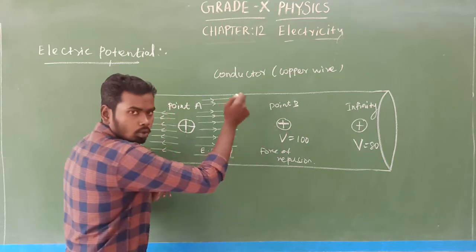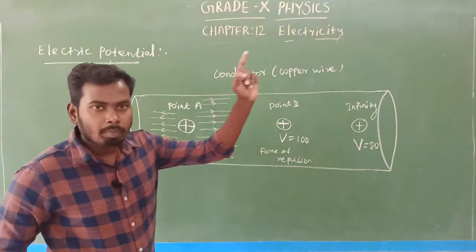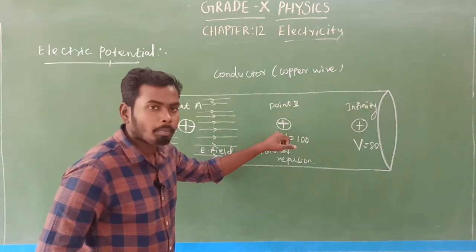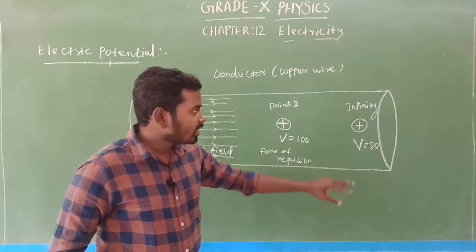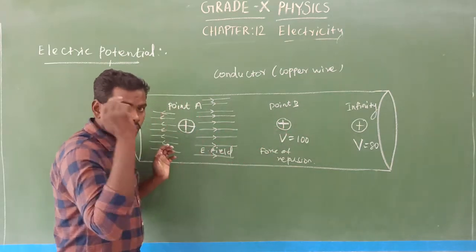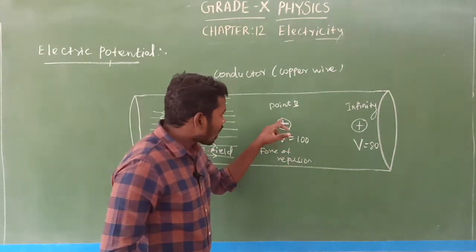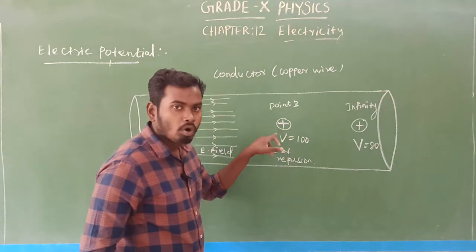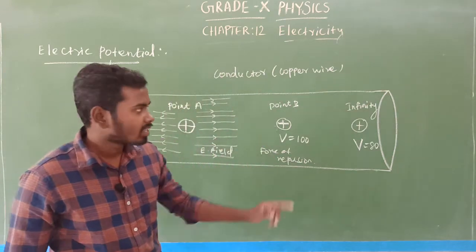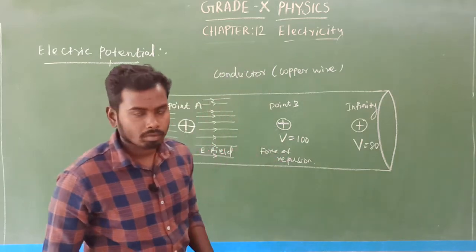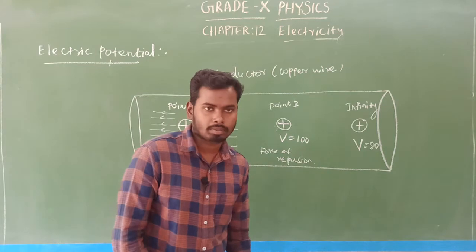So to bring the charge from infinity to point B, we have to spend more energy because we bring the charge against this electric field, due to which at point B the charge potential will be more compared to infinity. Very easy concept. Please try to understand it.